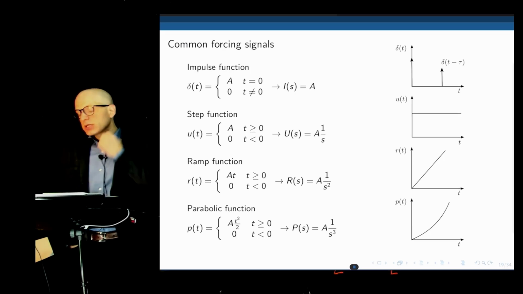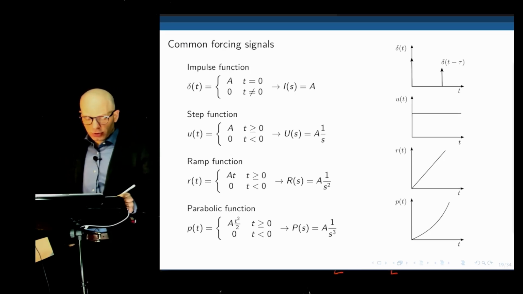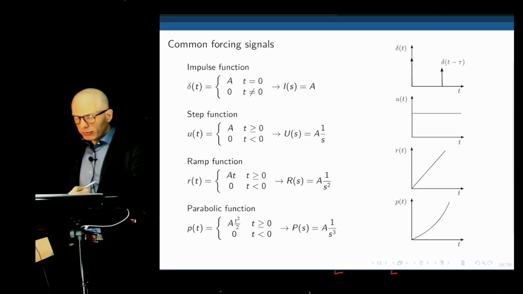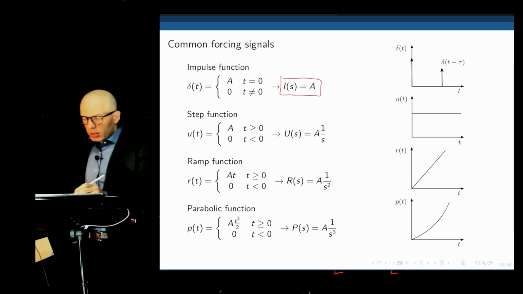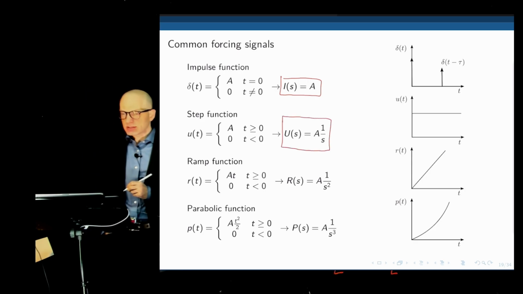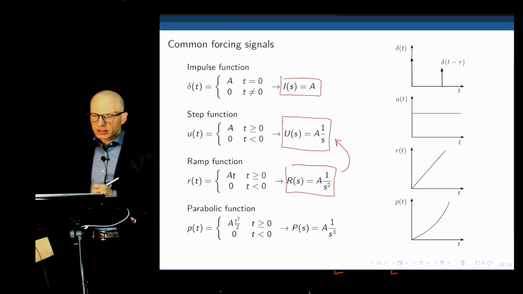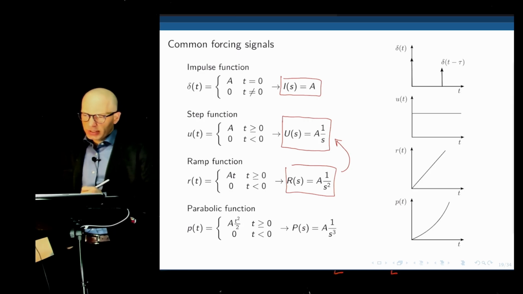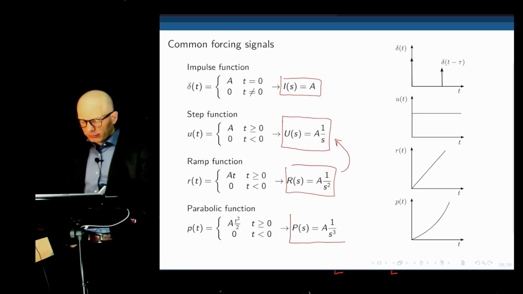Okay. Here are the Laplace transforms of our favorite input signals. If you take the Laplace transform of a delta signal with a magnitude of A, in the frequency domain that is simply A. If you take a step function of magnitude A and take the Laplace transform, that is A over S. If you take a ramp function, the ramp function is the integral of that, isn't it? So we multiply that by 1 over S. And parabolic function is the integral of the ramp.